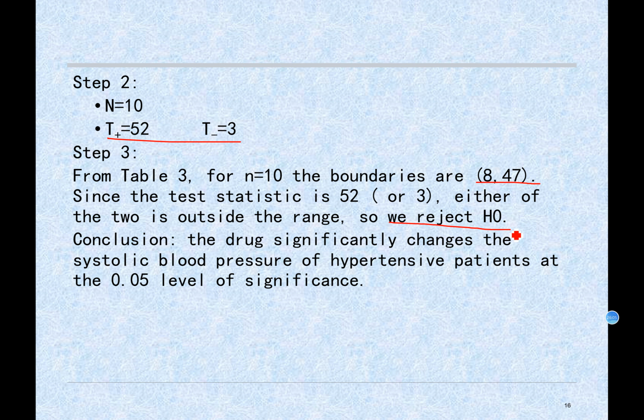So the conclusion is before and after they are not the same, right? So the whole conclusion should be the drug significantly changes the systolic blood pressure of hypertensive patients at the 0.05 level of significance. So that is the answer to this question of paired sample rank sum test.